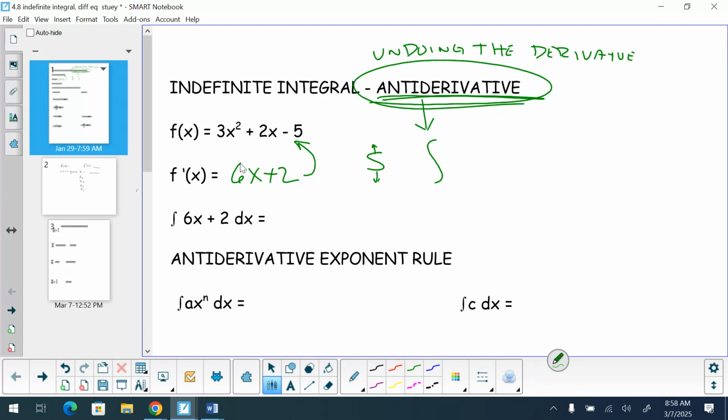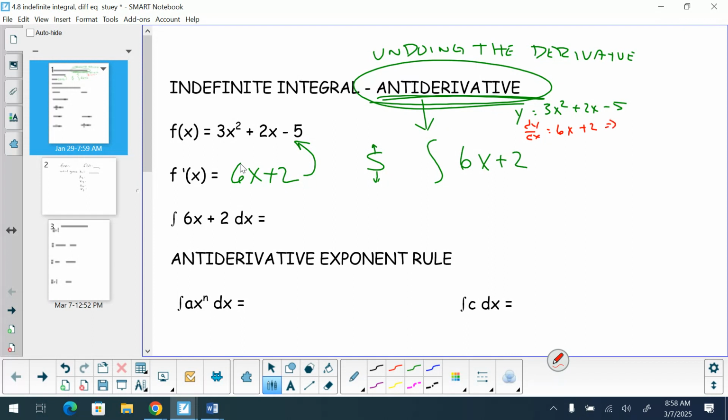So we're going to take the antiderivative of the 6x plus 2. But we also have to throw the idea of a differential into this. If you remember back to when we did differentials, y equals 3x squared plus 2x minus 5. Then dy dx is equal to 6x plus 2.